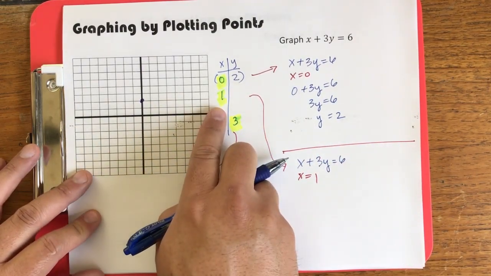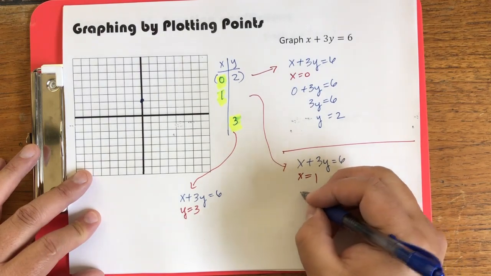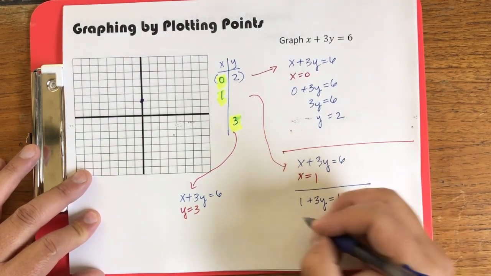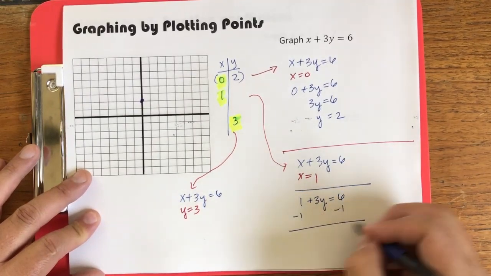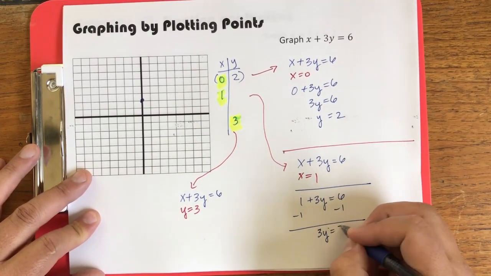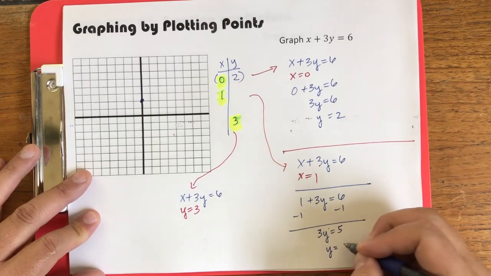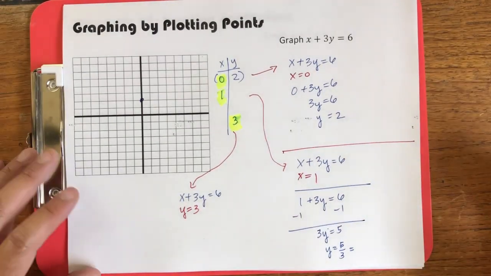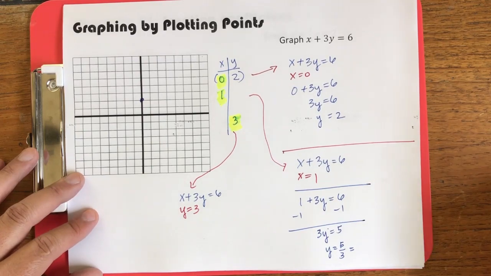This time we have x equal 1, so when we plug 1 in here, I'll subtract 1 from both sides. And now I get a fraction. Typically when you get a fraction in these problems, it's good to turn it into a mixed number.